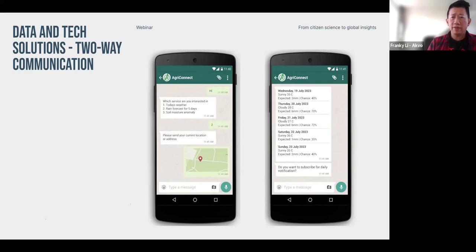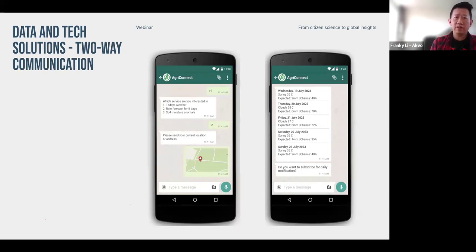The way that we're doing it is that we would pre-process satellite data so that it's suitable for specifically where the smallholder farmer is, and then for those that subscribe, we would send the alert to them when relevant.